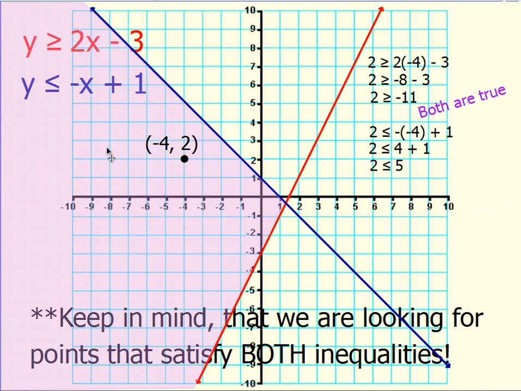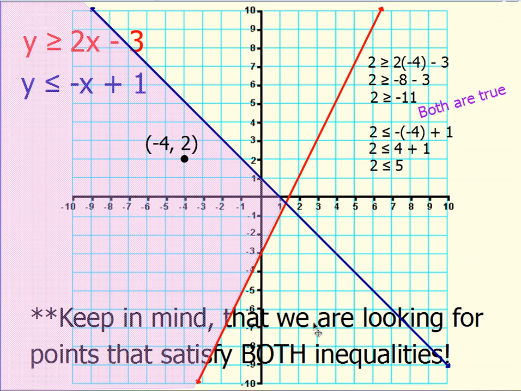Just as a quick side note, notice that those two lines actually divide my graph into 4 very distinct areas. The section that I have shaded now satisfies both inequalities, but I do have a section up here that's going to satisfy the first inequality and not the second.